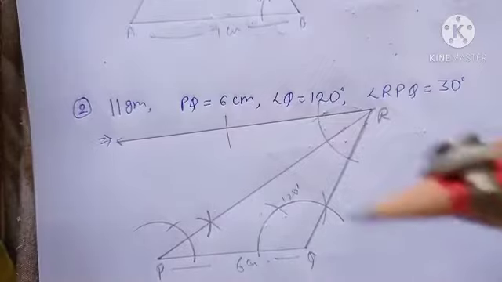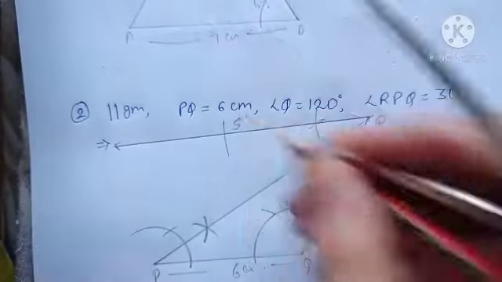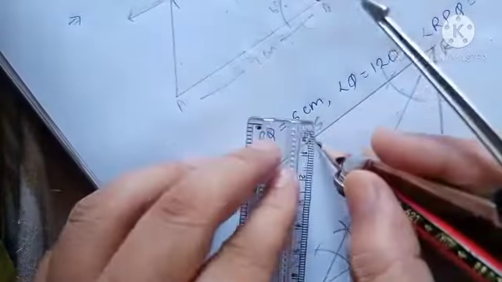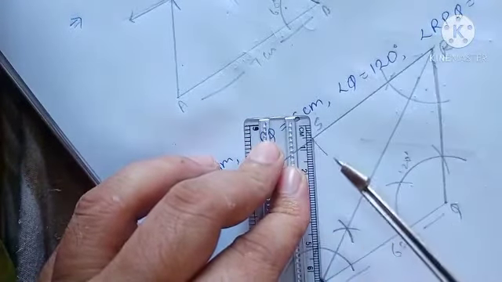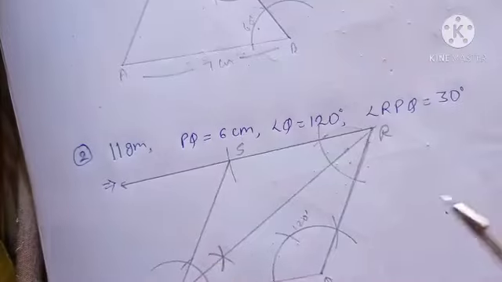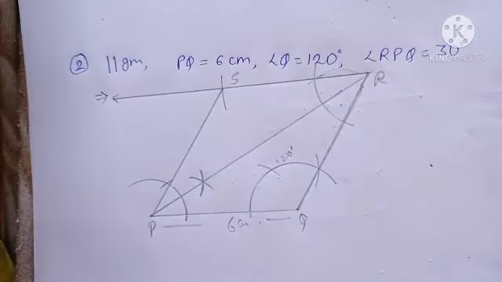Okay, and this is the point S. Now join PS. So PQRS is a required parallelogram. Now move to question number 3.